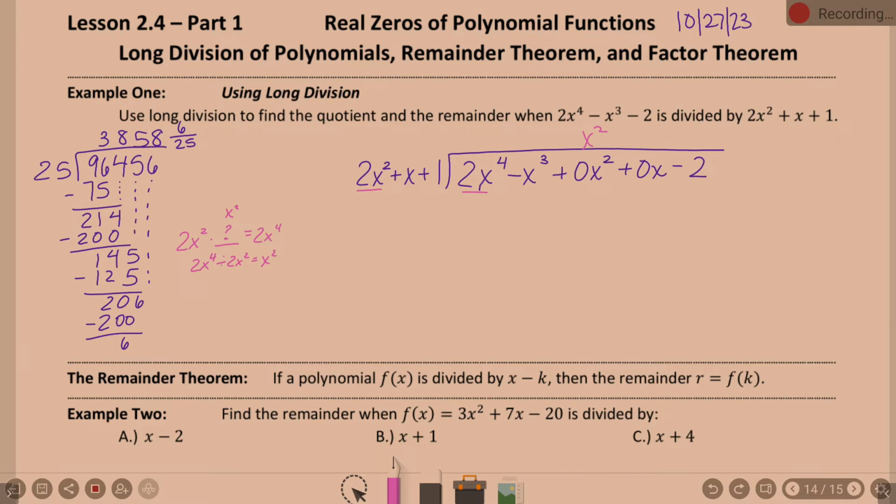If someone tells you that you can do that division without the placeholder zeros, you can. Things just aren't lined up nice and neat, and it makes it harder to follow, in my opinion. I'm always going to teach placeholder zeros. If someone wants to argue you can do it without them, I'm not going to disagree. I'm just not going to encourage it. What do we do with this x squared?